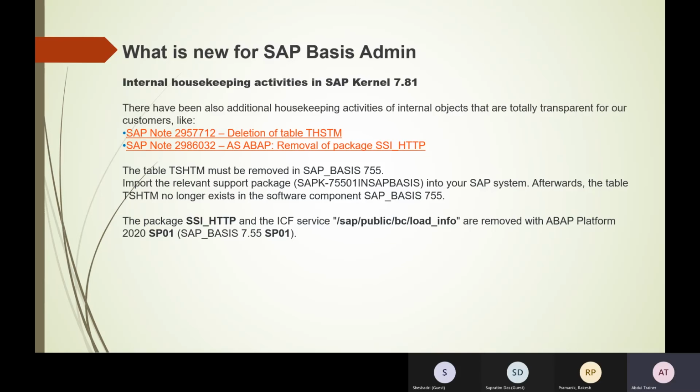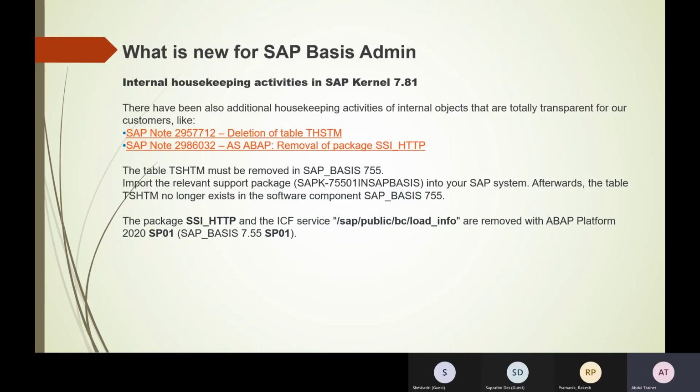So basically, if you don't want to remove it manually, then you apply the SAP_BASIS 755 component. Sorry, I'm going some other way. So basically, this table TS_HTML, TS_HTM, is not required in S/4HANA systems.